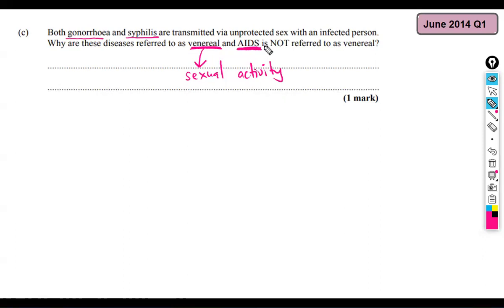The answer is no. We all know AIDS and HIV. They should already put the word HIV here, right? Remember, AIDS and HIV are different. HIV causes AIDS. But we just learned from the previous question that HIV or AIDS is not only caused by sexual activity.